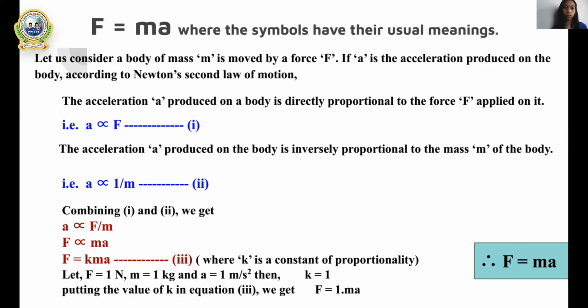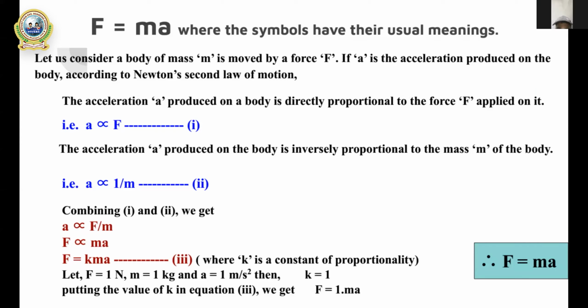So we have given the meaning of symbols: m for mass of body, F for force applied, and a for acceleration produced by the applied force. Ready? After considering these symbols, now let's go to the statement of Newton's second law of motion.